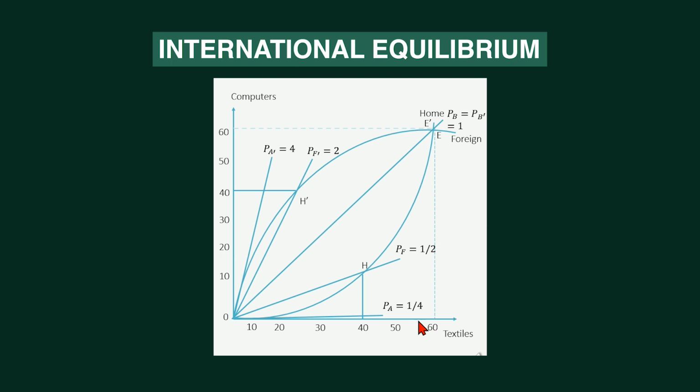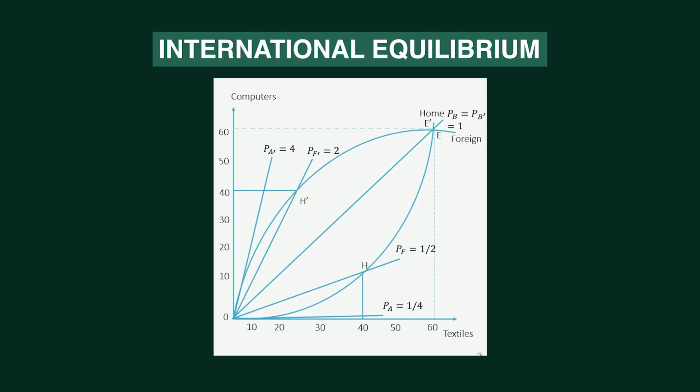But this demand of 40H units of computer should come from the supply of the foreign economy. The foreign economy says that's fine, no problem, I'm going to accept your 40 units of textile, but in exchange you need to allow me to give you this much of computer, but you wanted 48 units of computer.